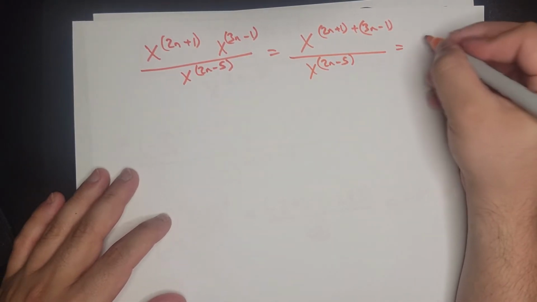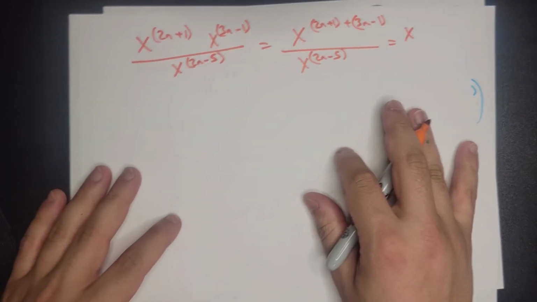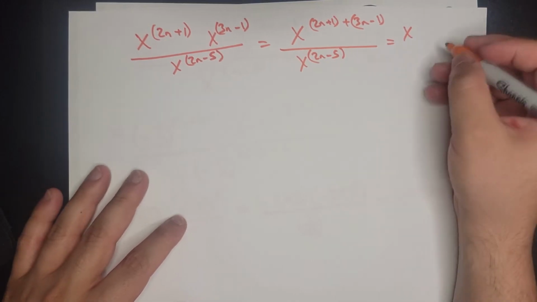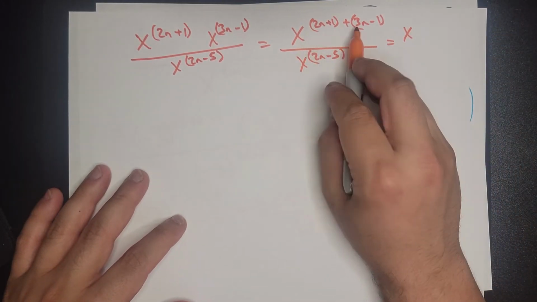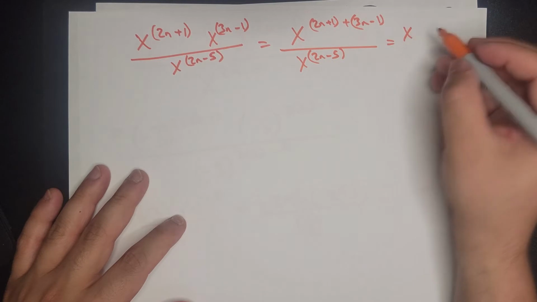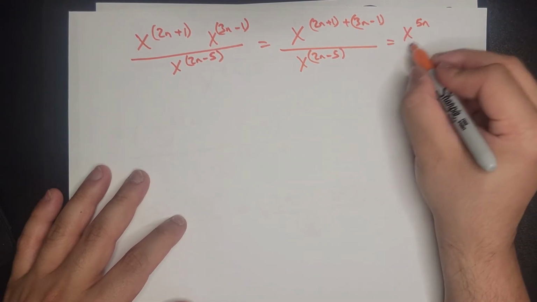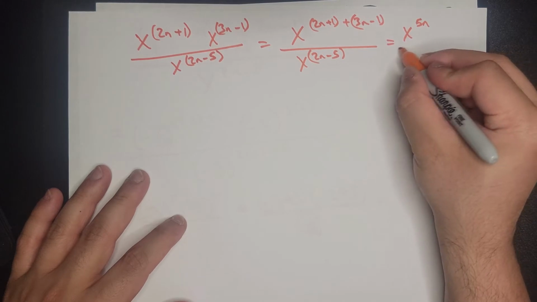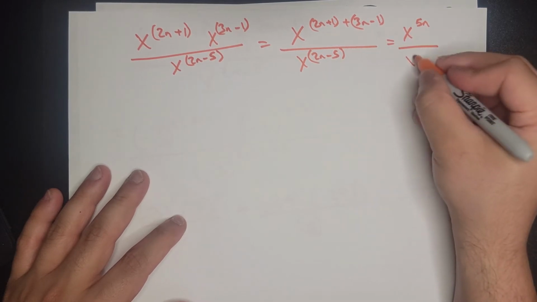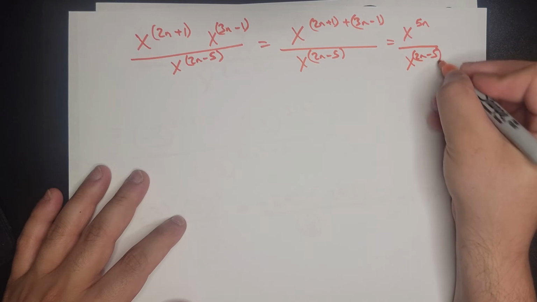So I'm left with x to the power of, 2n plus 3n is 5n, 1 minus 1 is, okay, 0. So I have x to the 5n. And now the denominator, I have x to the 2n minus 5.